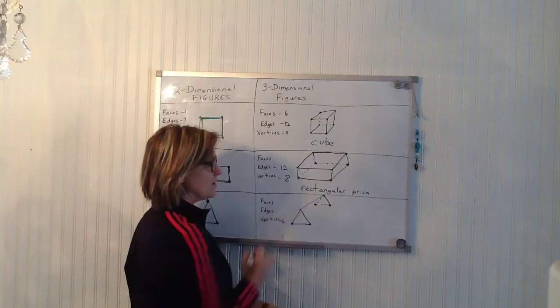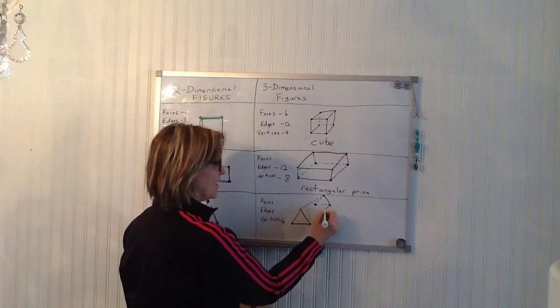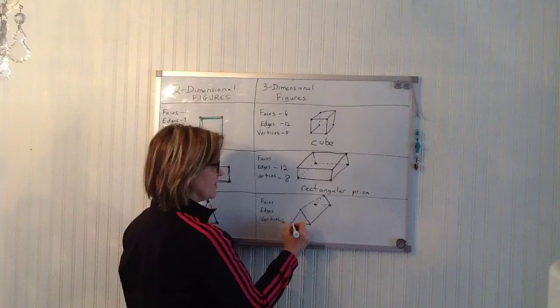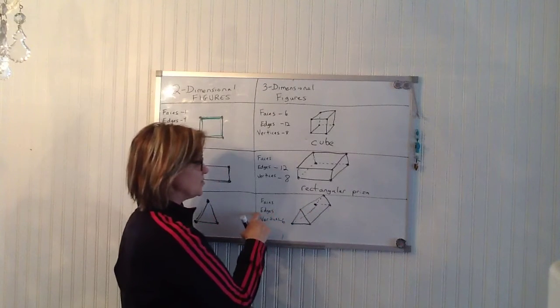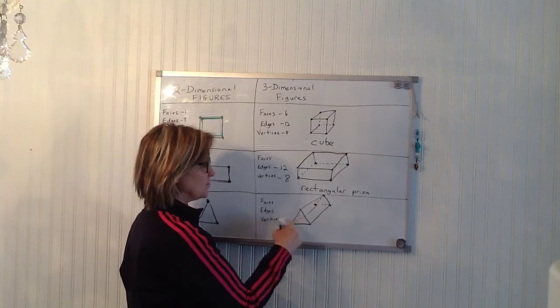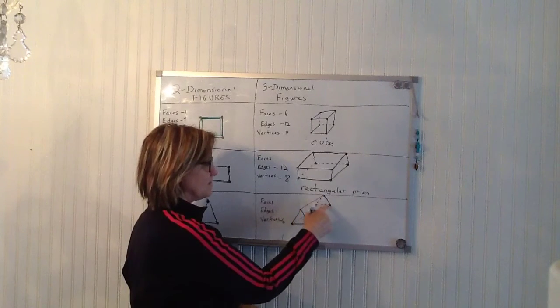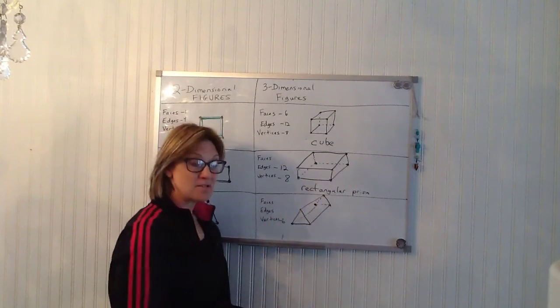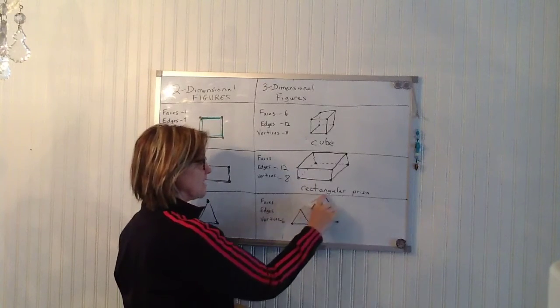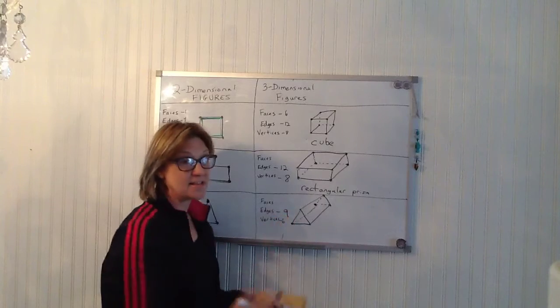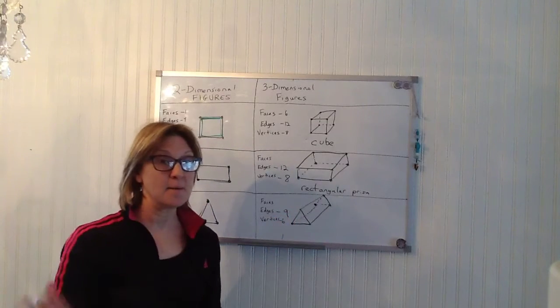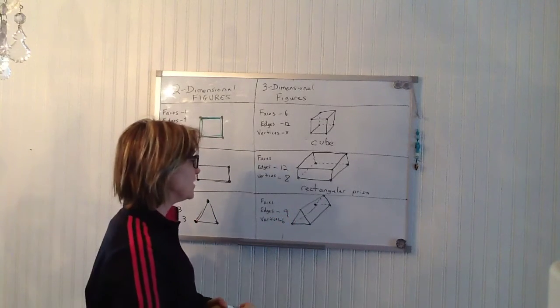So the top vertices, the bottom right, and then the bottom left. So how many edges do I have? 1, 2, 3, 4, 5, 6, and then each of those vertices get connected. So 7, 8, 9. It's a systematic way to count all of these parts of our 3-dimensional figure.